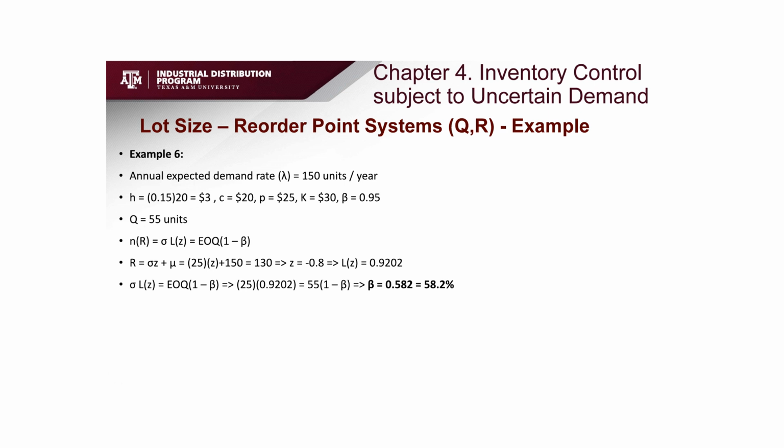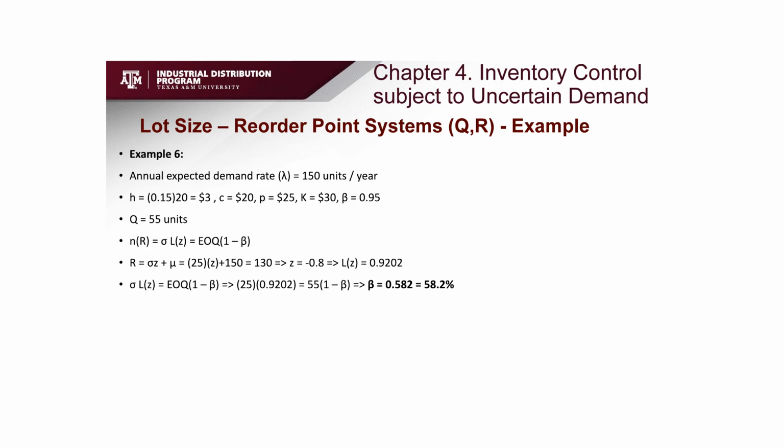And from the table, L of negative 0.8 is 0.9202. Then N of R equals sigma L of z, 25 times 0.9202, and that equals EOQ times 1 minus beta, 55 times 1 minus beta. Solving, beta is 0.582, about 58%. Just as we predicted, right?